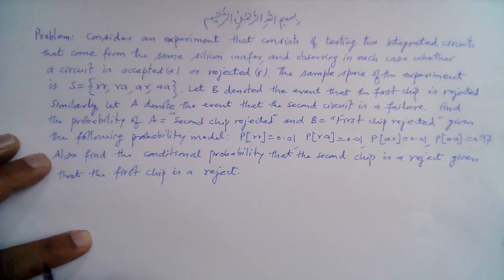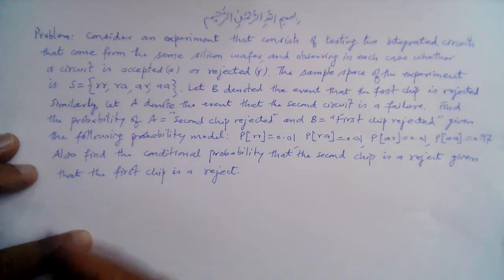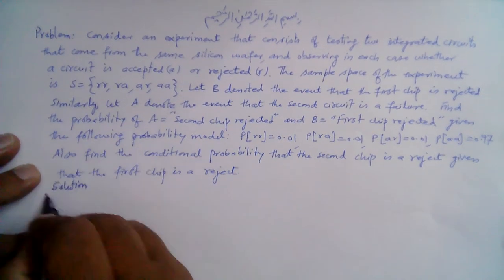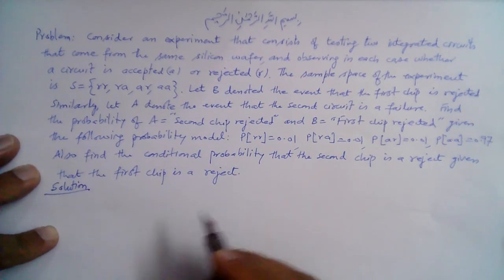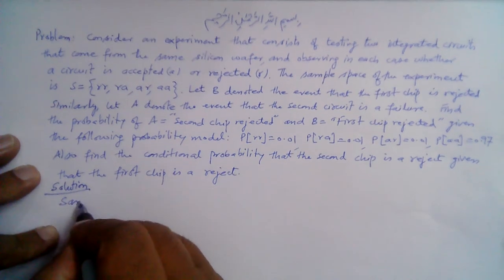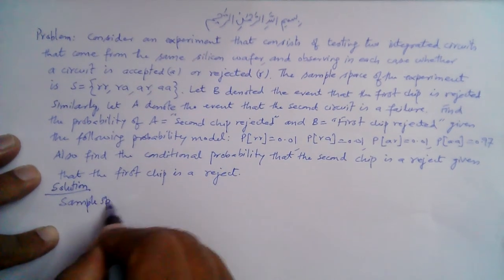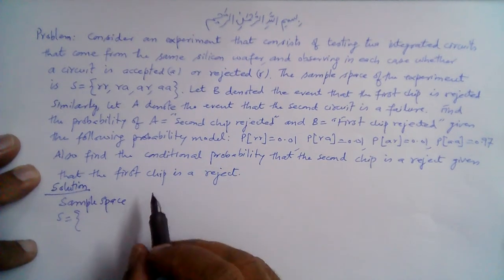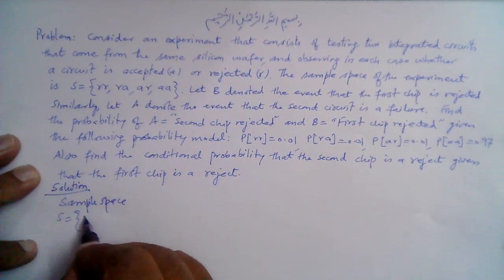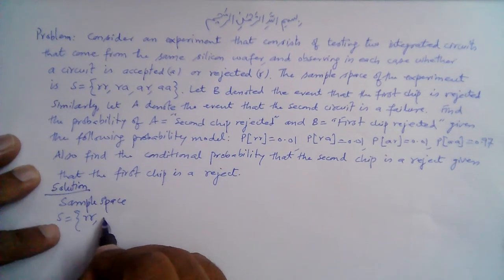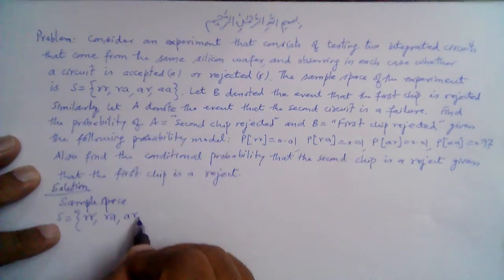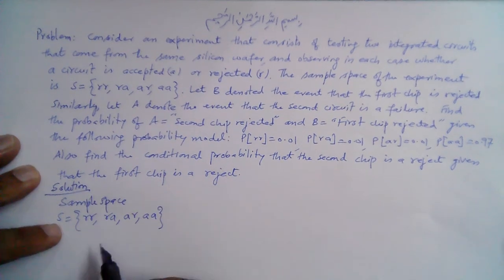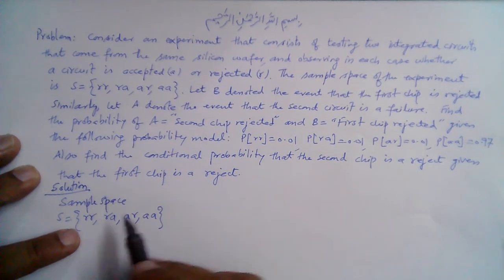So to summarize again, the sample space of this is given, which is here: RR, RA, AR, and AA, right? And the probability of each outcome is also given.